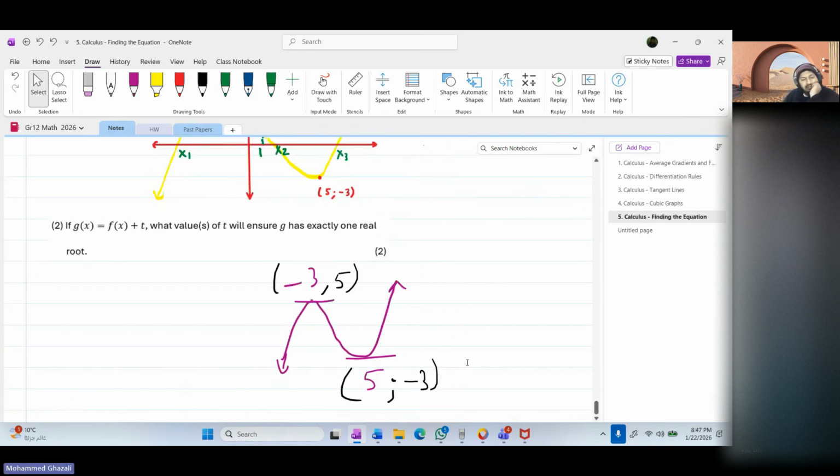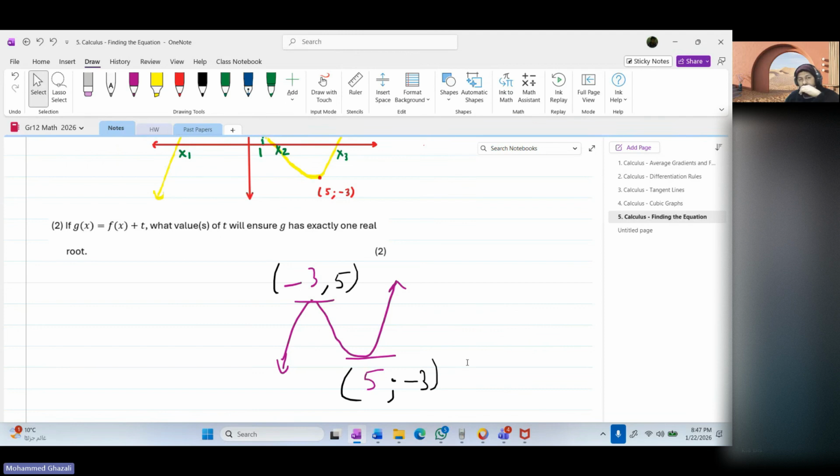If g of x, that's another function, all right, is equal to f of x plus t, what values of t will ensure that g has exactly one real root? g has exactly one real root. g of x is equal to f of x plus t.